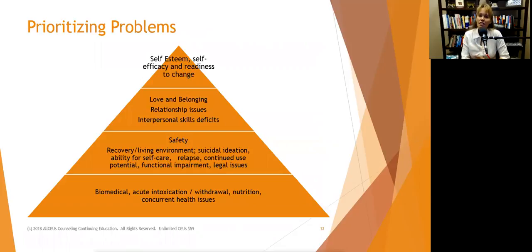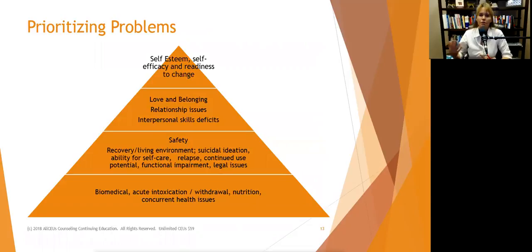If you've got somebody who is in just immense amounts of pain, who is malnourished, who is not sleeping, and has HIV, they've got a lot of other stuff going on. They're not going to be as focused on the rest of it. So then we move up to safety, their recovery and living environment, suicidal ideation.